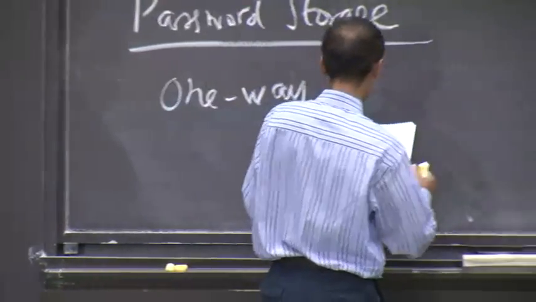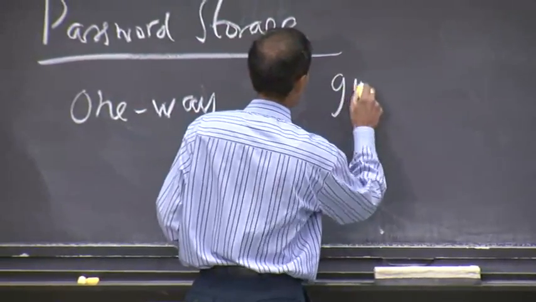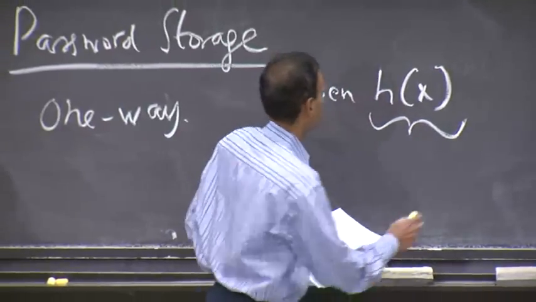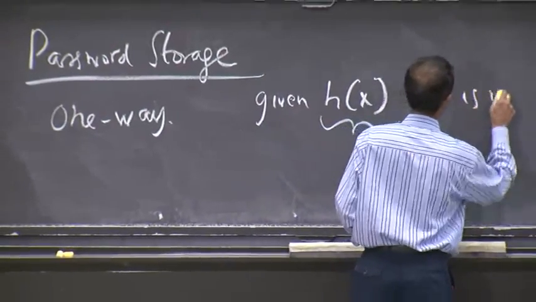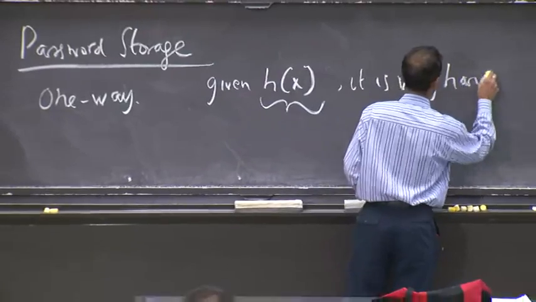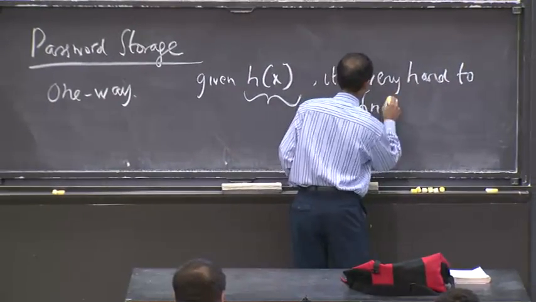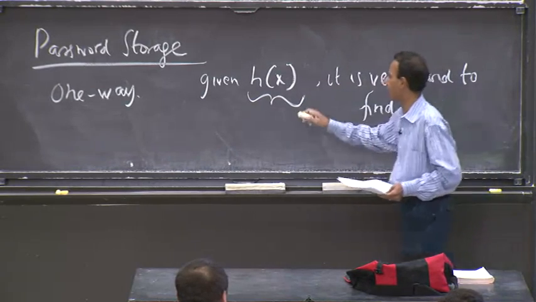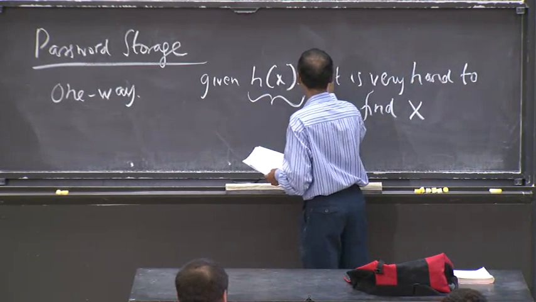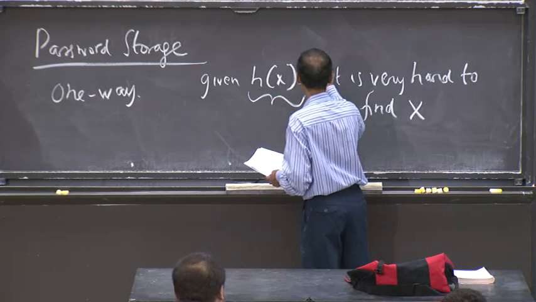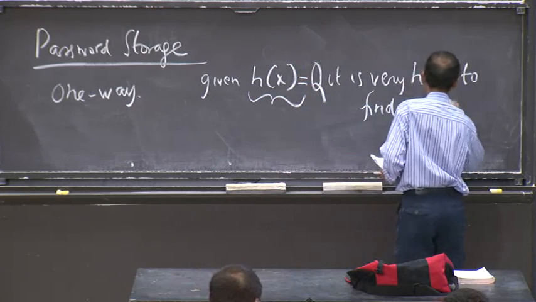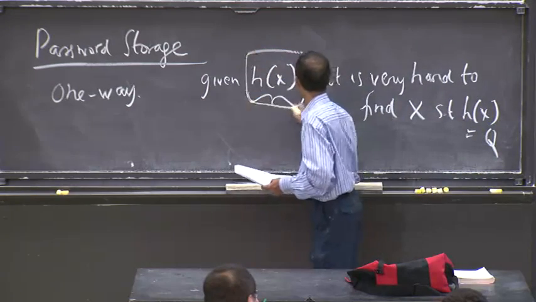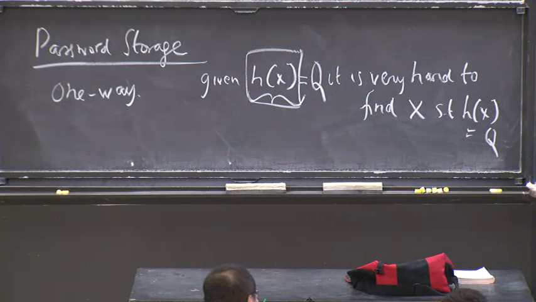What that means is that given h of x, the value of the hash, it is very hard to find x such that x hashes to this value. So if h of x equals, let's call it q, you're only given h of x. And so what do you do now?